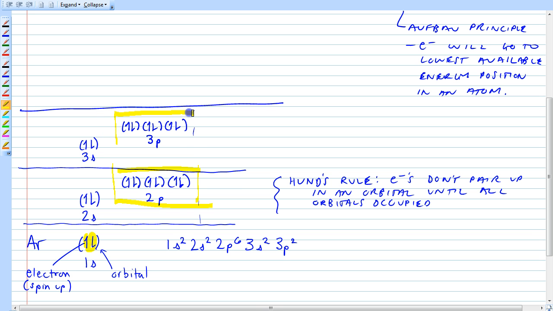With argon, we end up with another full p sublevel as our outermost, or highest energy, sublevel. Okay, so with the noble gases, that's what we're expecting. And by the way, they also have 8 electrons in the outermost shell. So argon has 8 electrons in the third principal energy level, and neon had 8 electrons in the second shell, which was its outermost principal energy level.